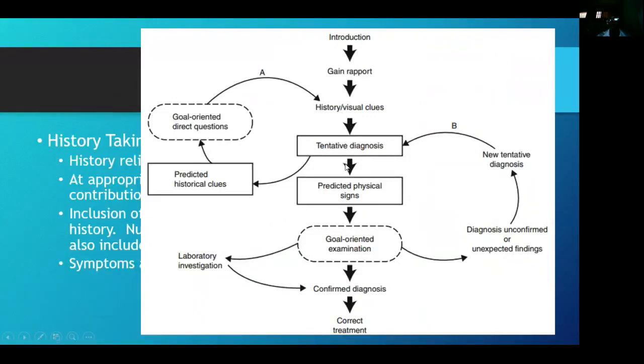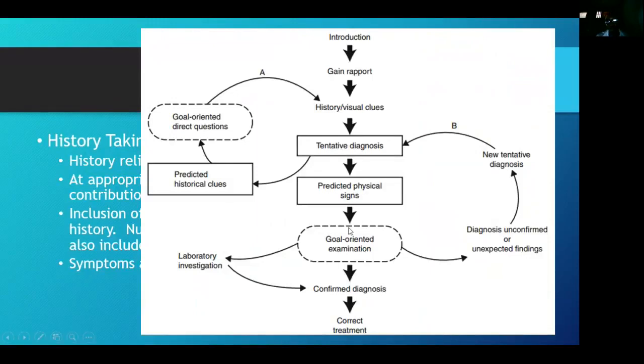Then the diagnosis will be solidified and you have an idea of what you will be looking for when you are going to examine. And by the time you are examining, your examination will also be goal-oriented and directed. And then you'll be able to make a diagnosis. You may have some unexpected findings, and then you make a new tentative diagnosis before you go on in that cycle.